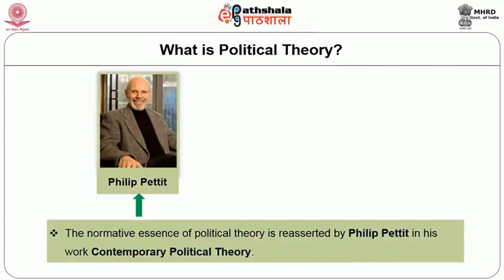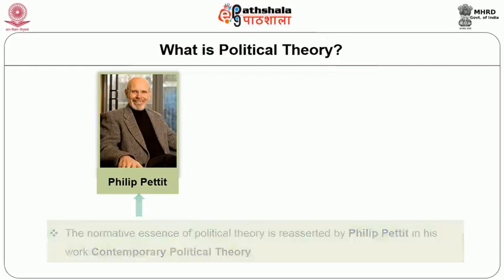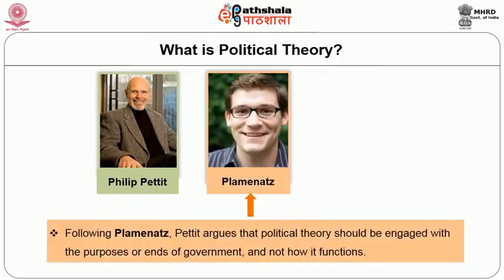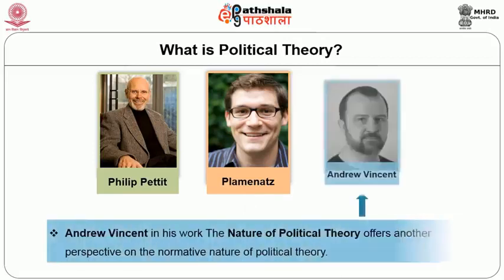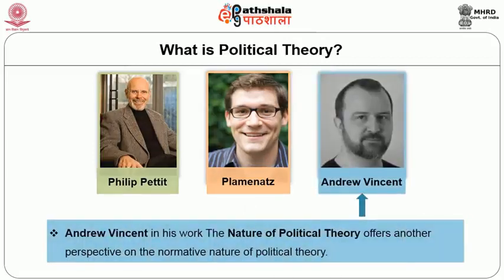The normative essence of political theory is reasserted by Philip Pettit in his work Contemporary Political Theory. Following Plamenatz, Pettit argues that political theory should be engaged with the purposes or ends of the government and not how it functions. Andrew Vincent, in his work The Nature of Political Theory, offers another perspective on the normative nature of political theory.